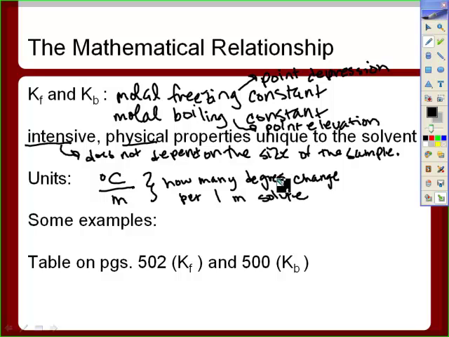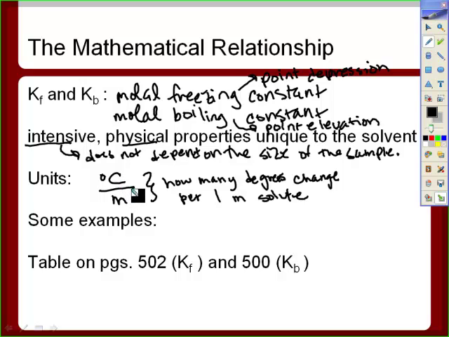And I have asked your substitute to give you a reference sheet here, so you can see some different examples of those solvents' K_Fs and K_Bs. For example, water's K_B is 0.512 degrees C per molal. So if you have 1 molal of solute, then that is going to increase the boiling point by 0.512 degrees Celsius.